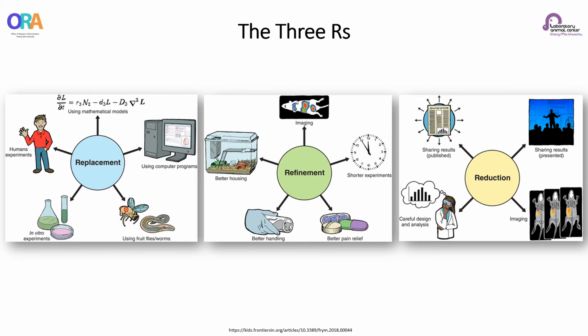The next is reduction. Reduction is the use of a fewer number of animals without compromising scientifically valid results. Advances in statistics or refinement of experimental design may lead to a reduction in animals required.